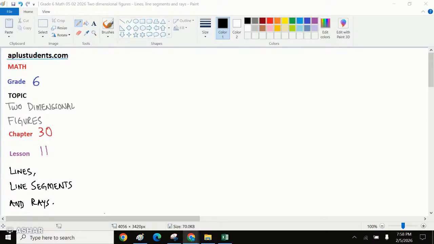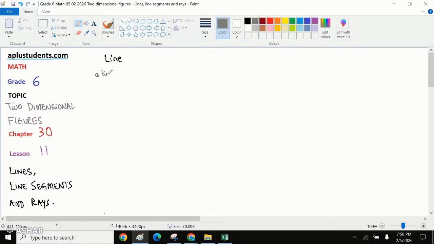Before I start, I will give you an explanation of what basically is the difference between the line, rays, and segments. Okay, so we can say a line is, I'll give the definition, then I'll write.